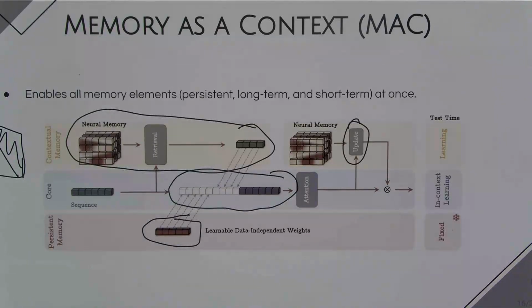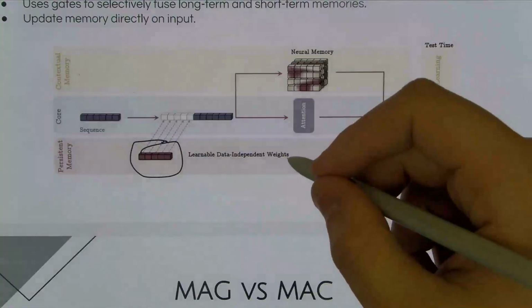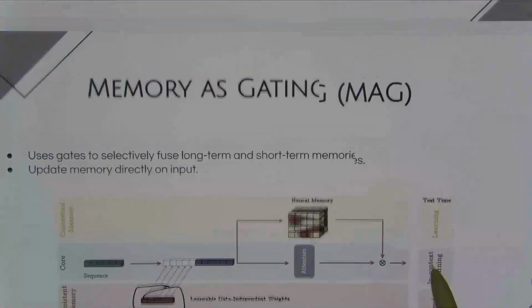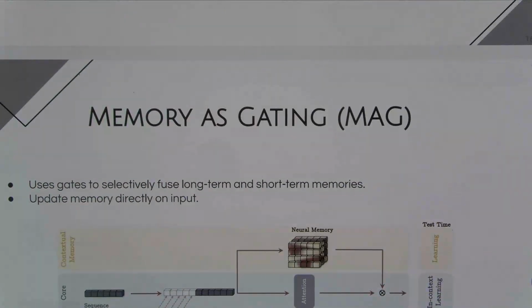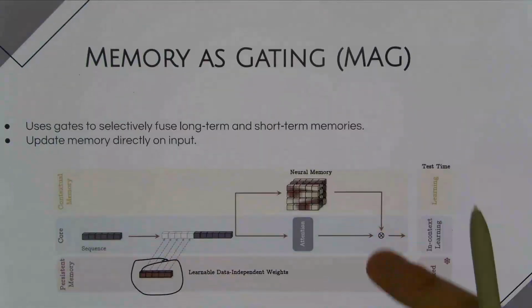Versus MAG, where you're still always going to have that persistent memory, but your long-term memory is going to be used more and more, at least as you're getting closer to what you're predicting now. So really old long-term memory doesn't really matter, but really important new long-term memory does, and that's where you use a sliding window of attention, based on how far you are, but you still don't fully disregard because you have that gating mechanism.